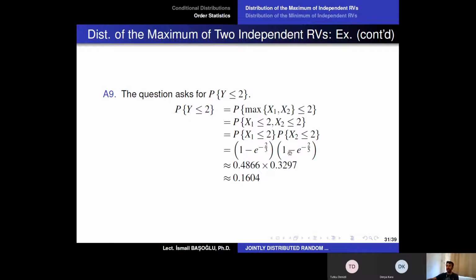Therefore, that probability is 1 minus e to the power minus 2 over 5. And the result is the product of these values, which is 0.1604. So with approximately 16% probability, that clock is going to stop in 2 days, okay, with 16% probability.